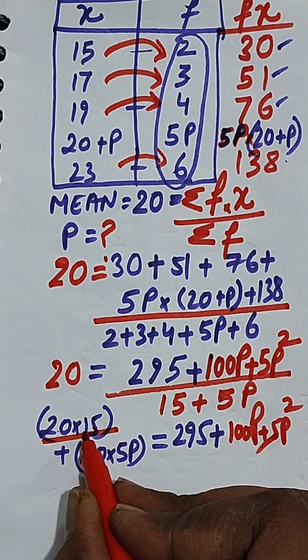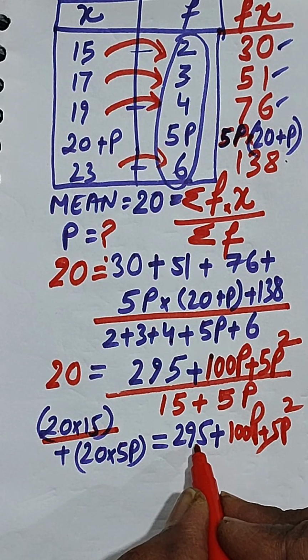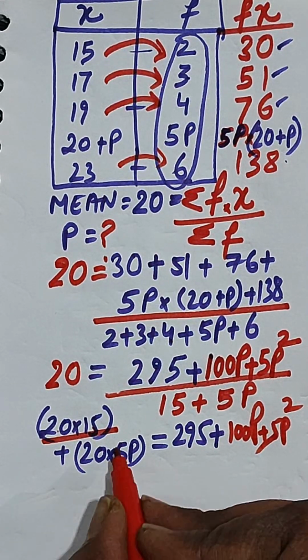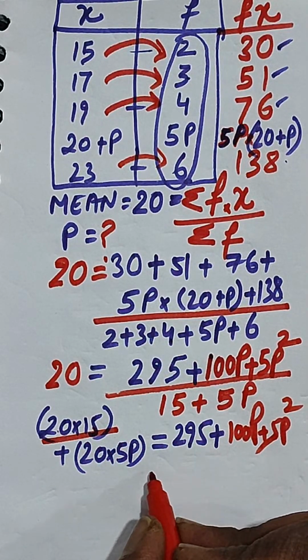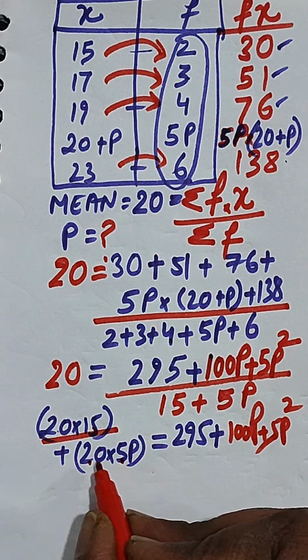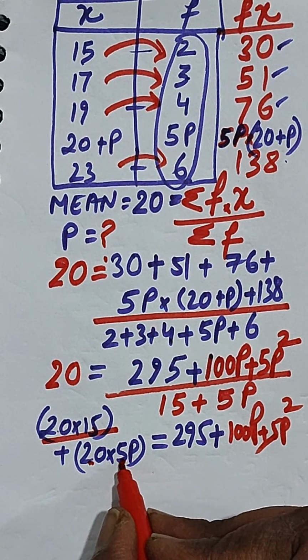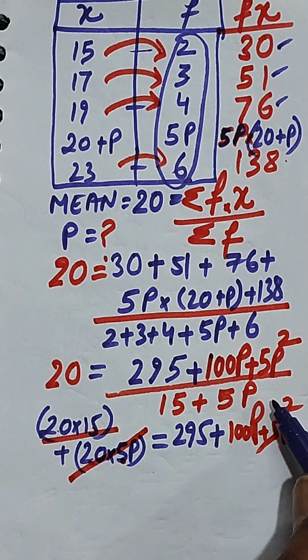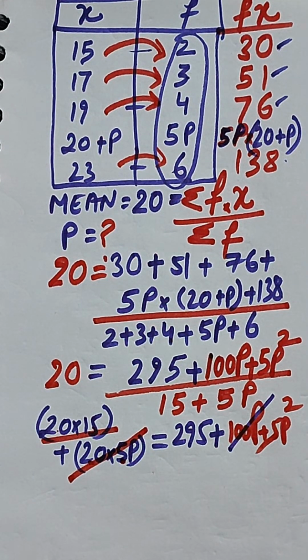300 when going to the RHS will be minus 300 plus 295. So this will be minus 5. And 20 into 5p is 100p. So this 100p will be cancelled with this 100p, right?